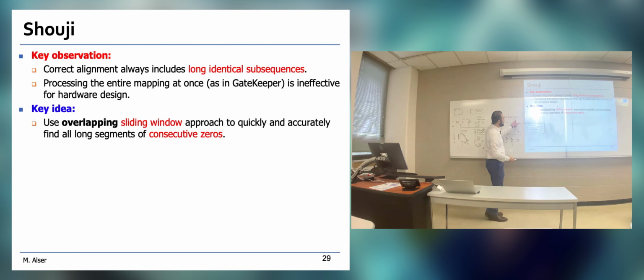Instead of visiting the entire thing and trying to find those long matches of 0, we're going to use an overlapping window. For example, this window, and then the next overlapping one, next overlapping. And that is how Shuji would work.